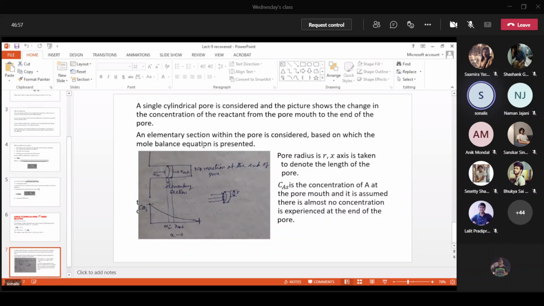And the pore radius is r. The x-axis is taken to denote the length of the pore. CAS is the concentration of A at the pore mouth, and it is assumed that almost no concentration is experienced at the end of the pore. These are the assumptions and the notations we consider.